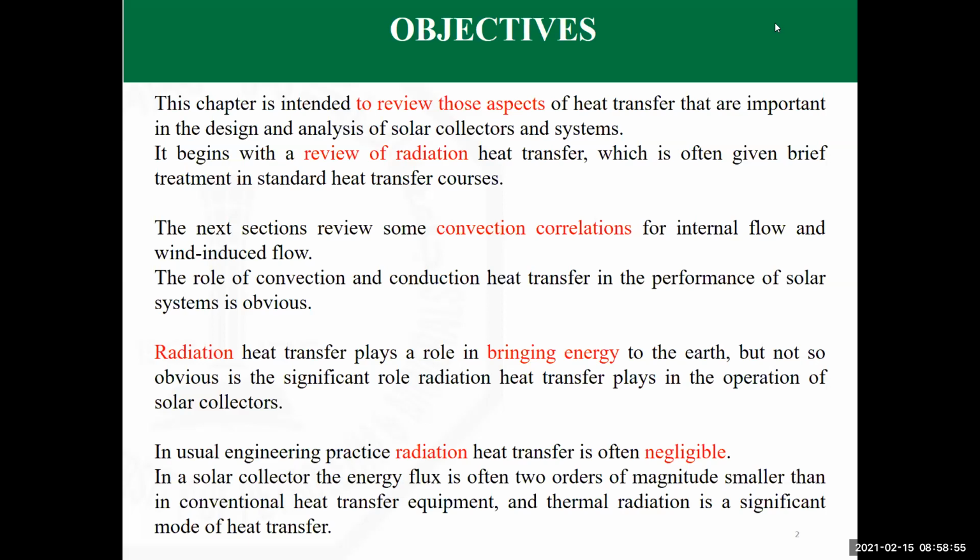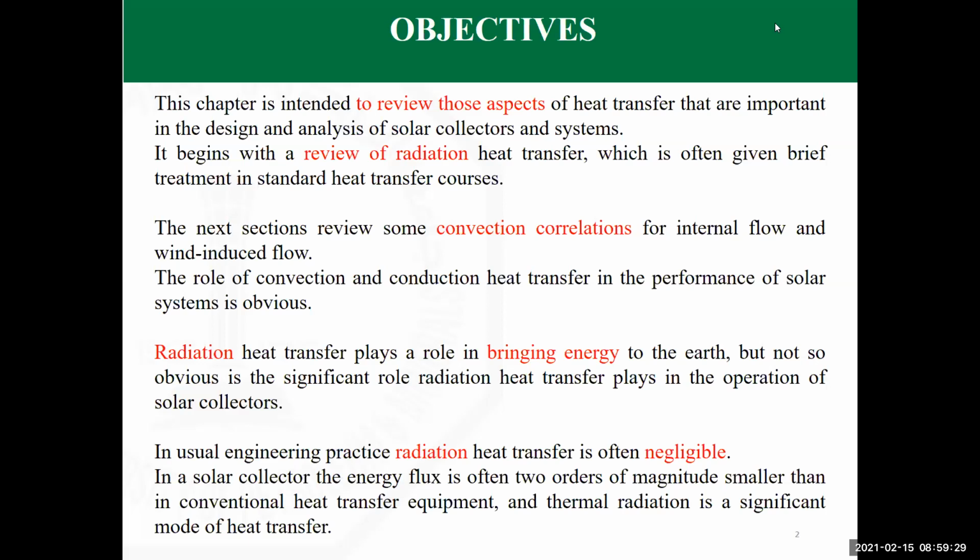But in problems like convection heat transfer with natural convection, for example, natural convection inside an enclosure, where there is a temperature difference of 10 or 15 degrees centigrade, the first thing that comes to our mind is, okay, let's neglect radiation because the temperature difference is small. But if we have natural convection, then you cannot neglect radiation, because it becomes almost the same order of magnitude as convection.